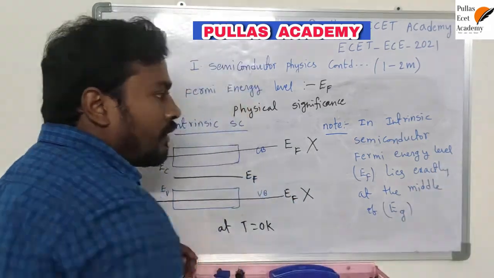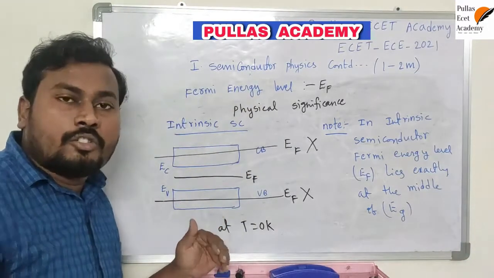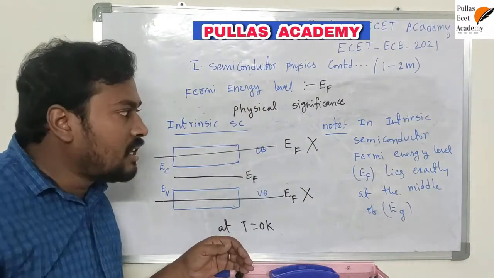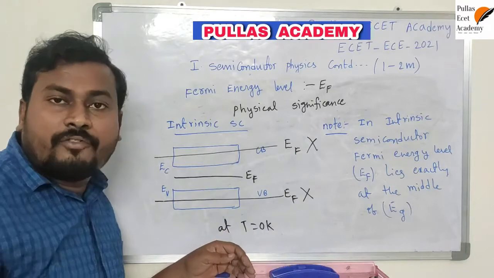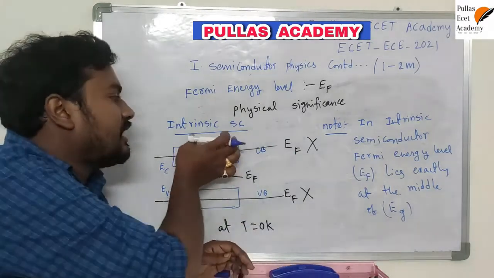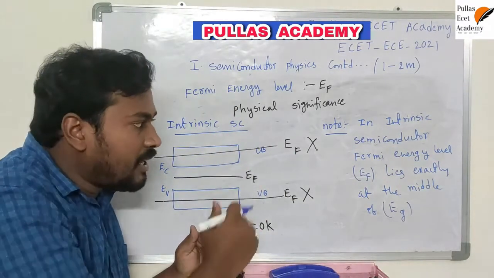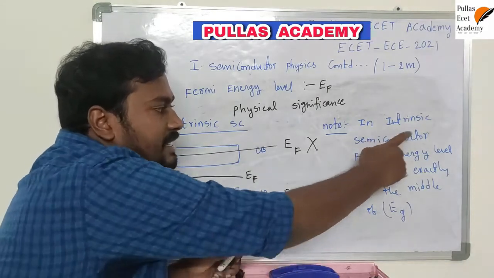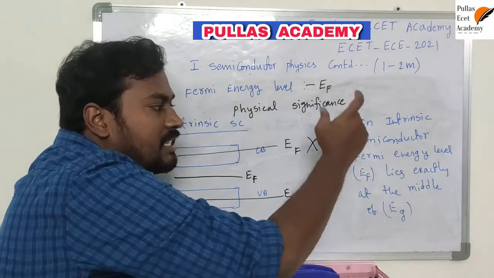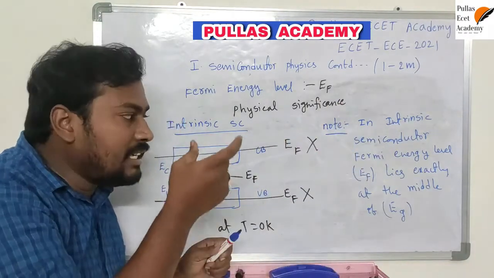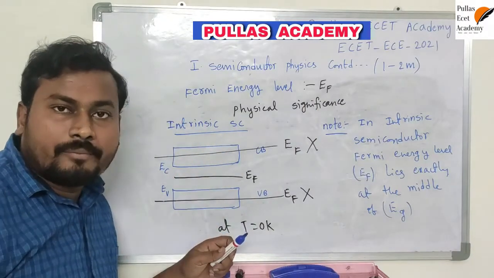Very good. So this point is very important. Most of the time they might ask this type of question, where the Fermi level is located in the intrinsic semiconductor, so you should be in a position to answer this. In an intrinsic semiconductor, the Fermi energy level lies exactly at the middle of the energy gap.